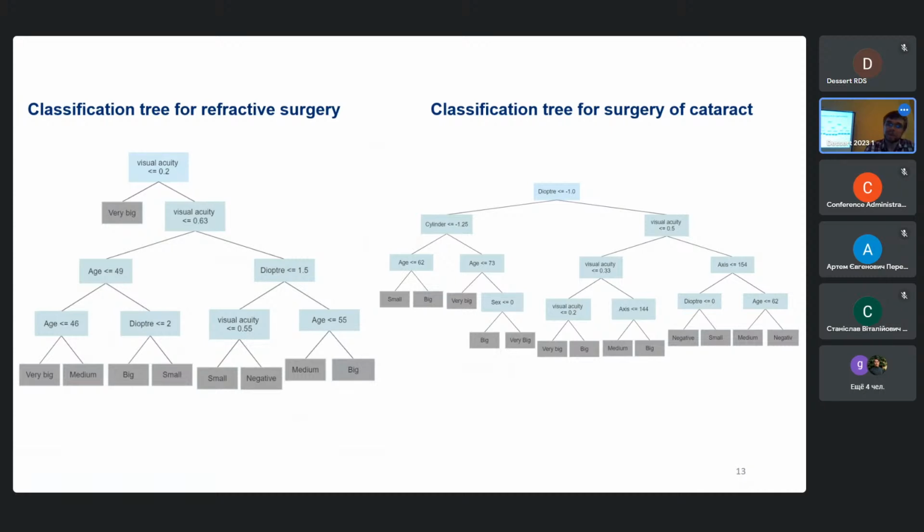And as you can see, for the individual types of surgery, two different trees were built, and different factors are important in individual trees. So the type of operation has quite a large effect on the outcome of the operation.